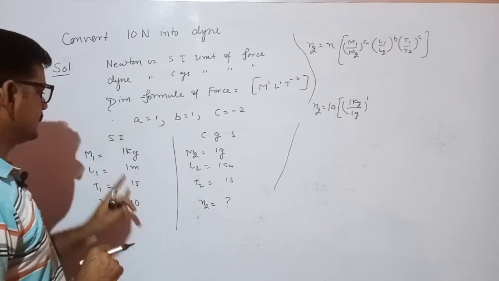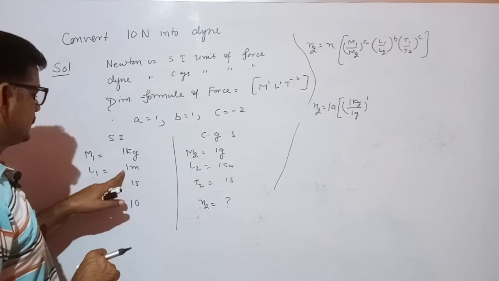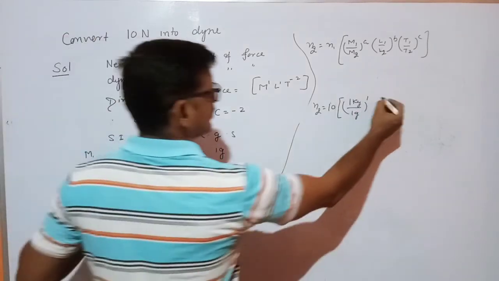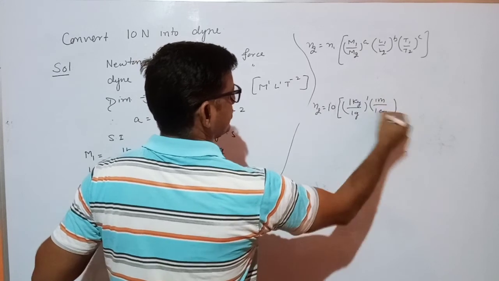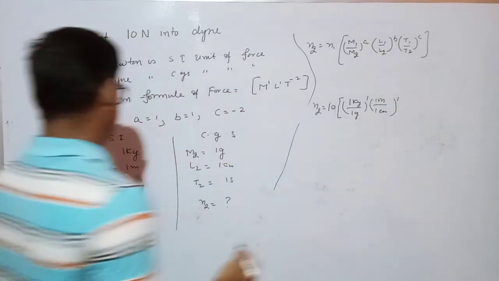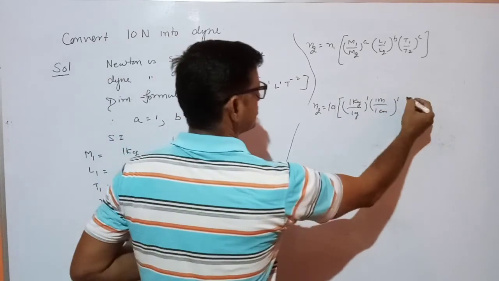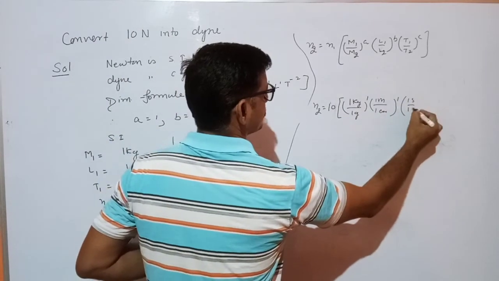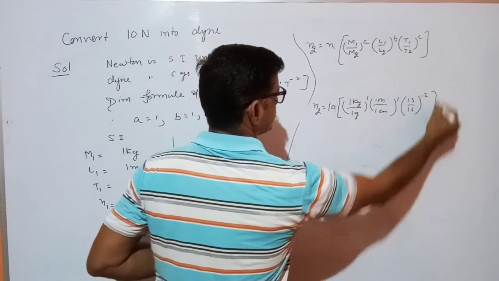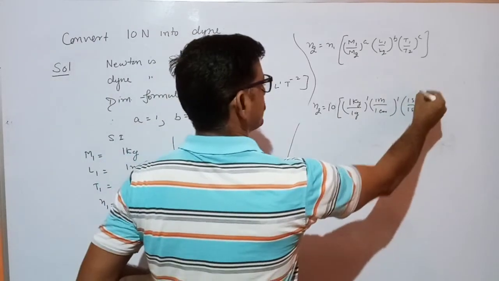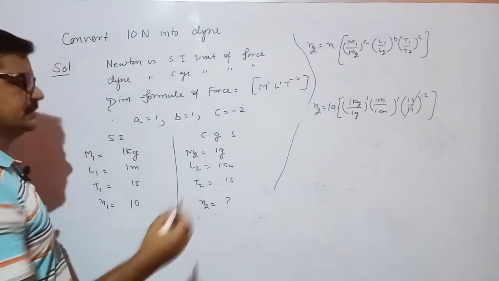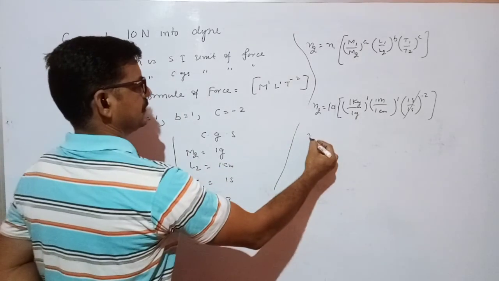B is also equal to 1, and here the length has unit meter, so meter upon centimeter power 1, and time, that is 1 second over 1 second power minus 2. First of all, you see 1 second over 1 second will cancel out.